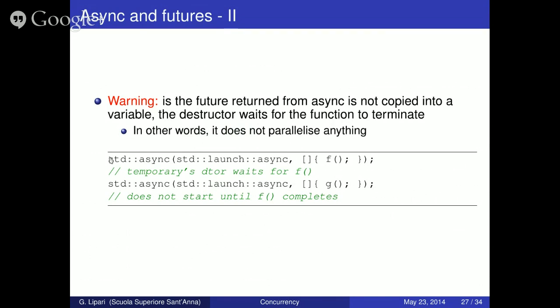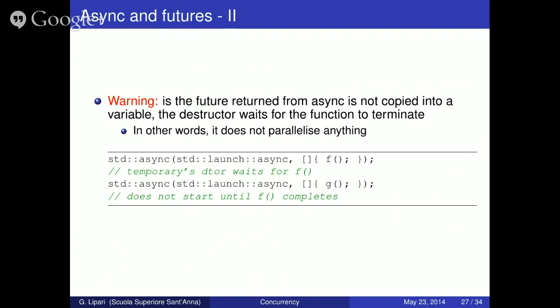So if you write something like this, this will try to synchronize anyway on the future that is returned. But since you are not copying the future in a variable, it will still wait for destructing the future.